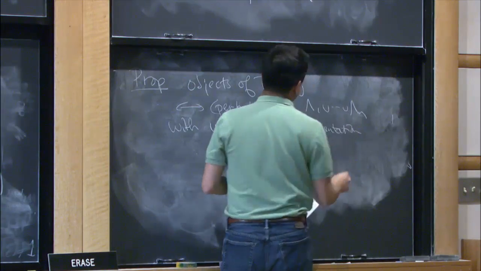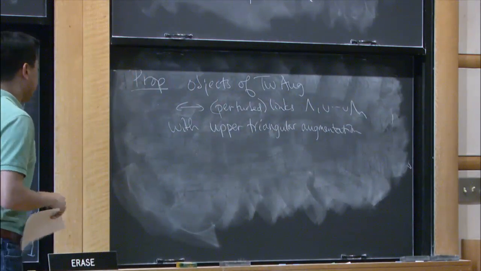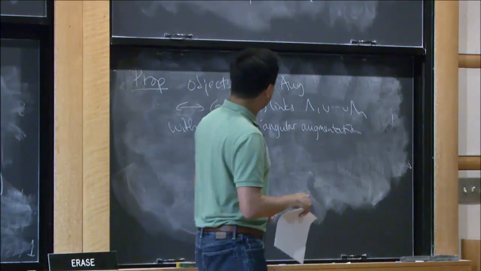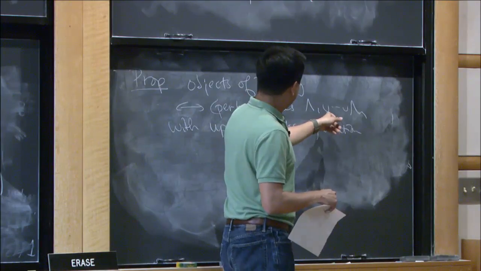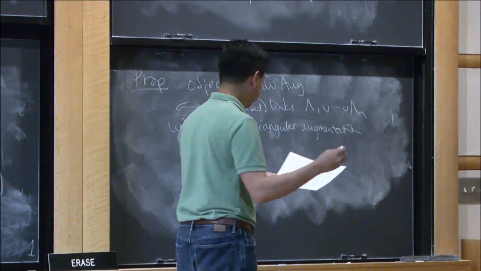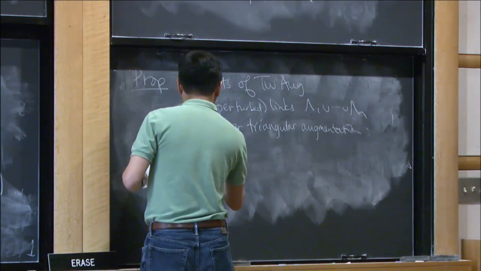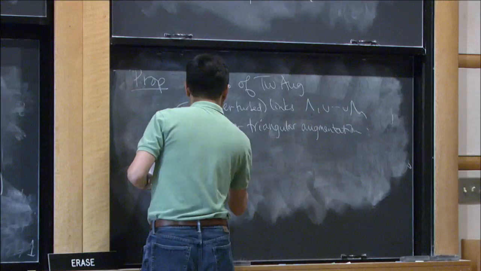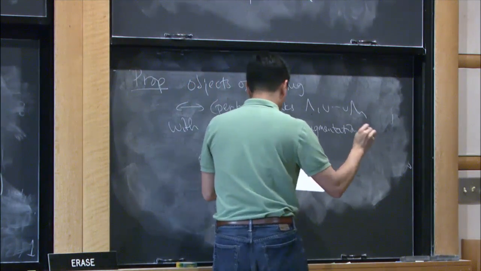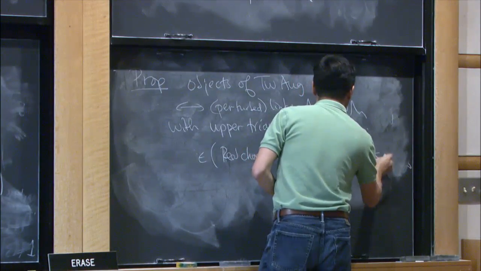So this is an augmentation of the DGA for this entire link, but the only things that can possibly be augmented to something non-zero are Reeb chords that go to something here from something to its right, or itself. So what this means is that epsilon of a Reeb chord to lambda i from lambda j is equal to 0 unless i is less than or equal to j.